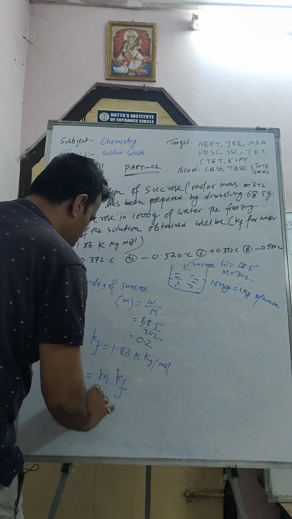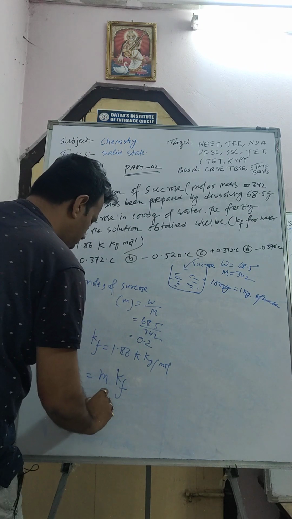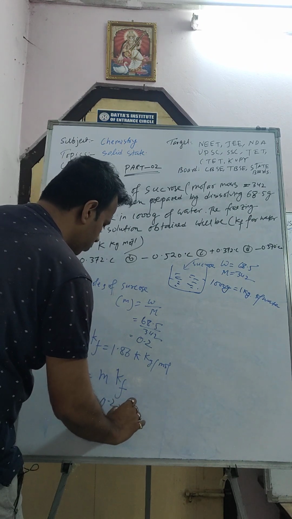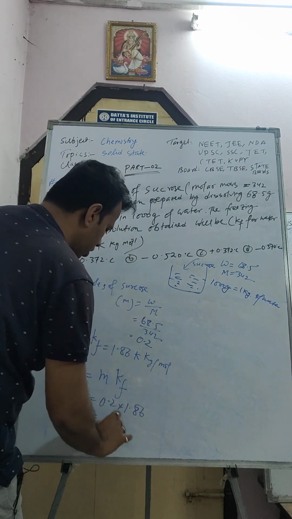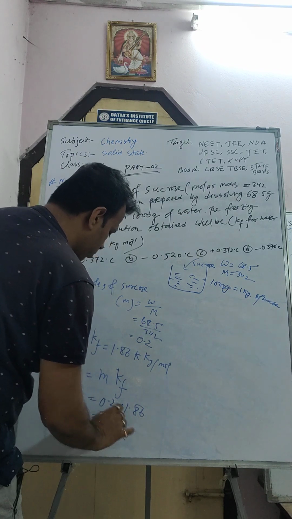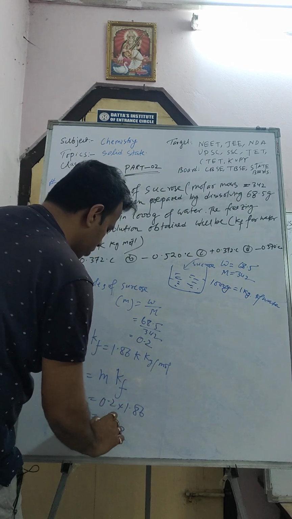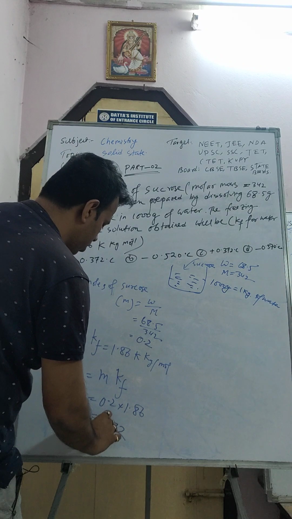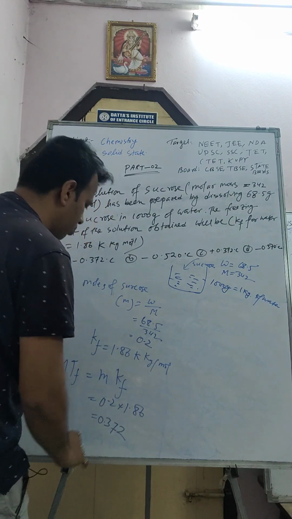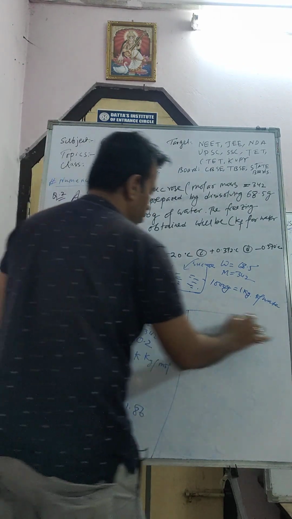Here m is 0.2 and Kf is 1.86. If you multiply this, it will be 0.372.